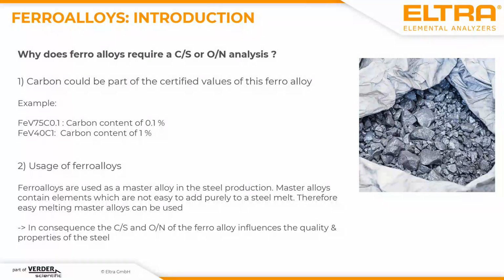When you consider the typical usage of ferroalloys, which means they are used to alloy, for example, steel, then you always have to consider that carbon and sulfur and the content of other elements also influence the physical parameters of the steel which has to be produced. And this is the reason why a chemical analysis of these elements is really important.